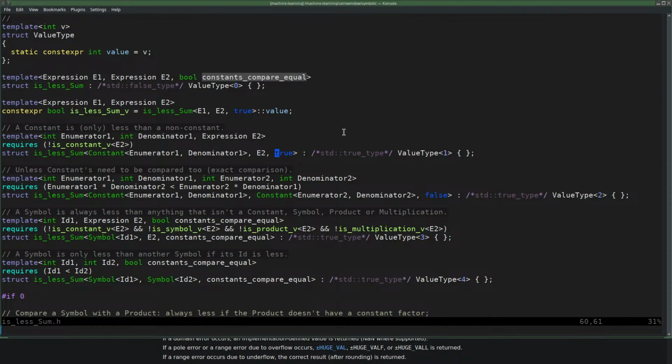So I did not define this one for when they do not compare equal, which is wrong, right? I mean, a constant is always less than a symbol, independent of whether two constants themselves compare equal or not. So this should be anything, really.